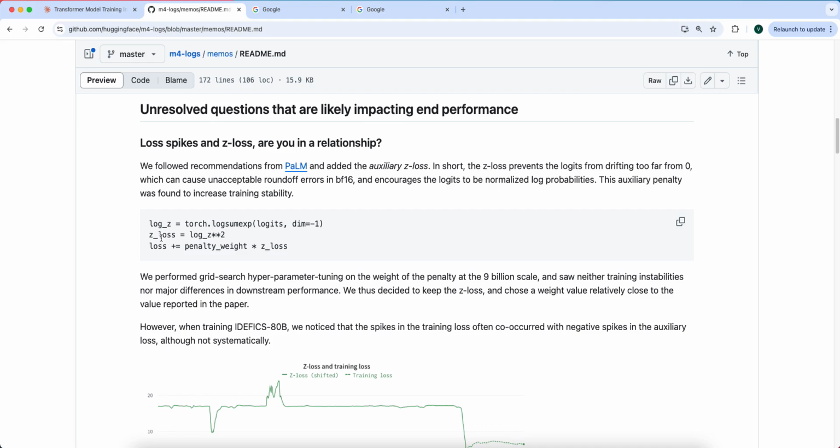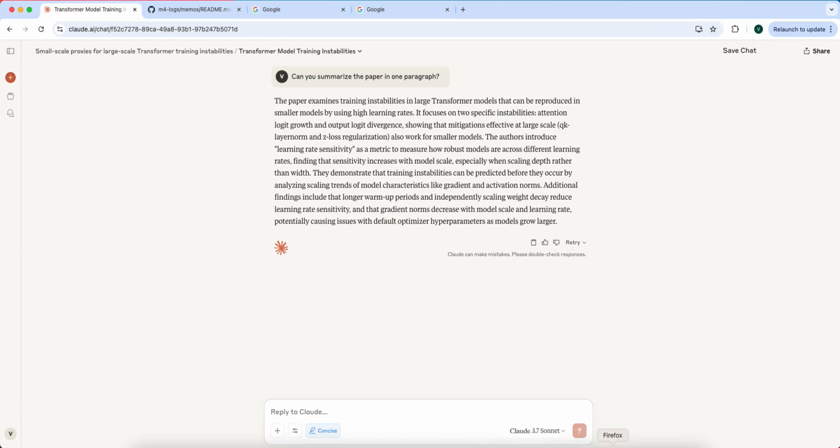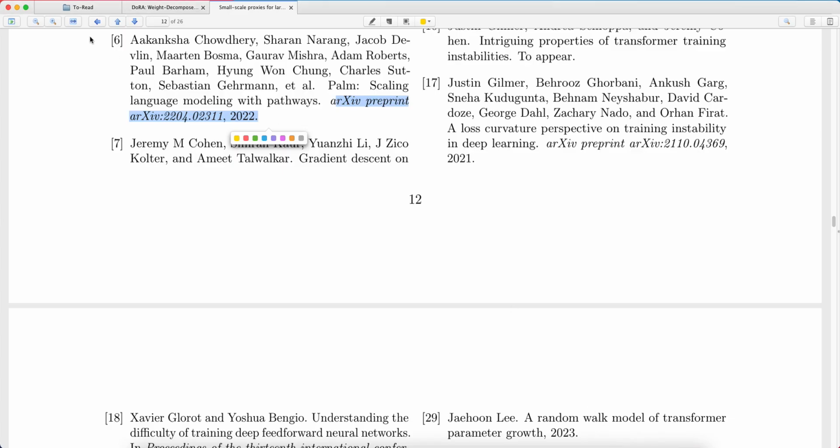So z loss is log z squared times a penalty weight. So it sounds like it decreases the loss, makes it closer to zero for rounding reasons. All right, it's probably more to that, but we're gonna keep going.